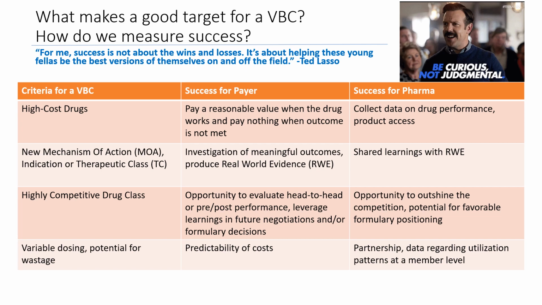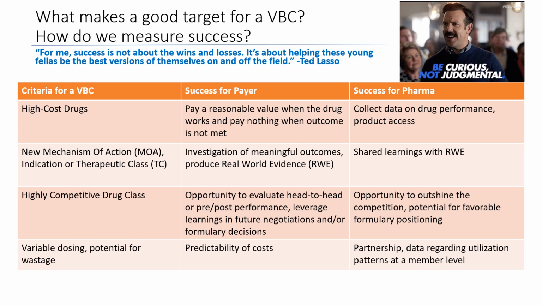A new mechanism of action, a new indication, new therapeutic class is a great target. A big reason for this is because when something new comes out, of course, they've done clinical trials. You have data from the clinical trials, but clinical trials are very well controlled, and it's on a very small population of people. We know that clinical trials are lacking minorities a lot of times, and pregnant women, children.